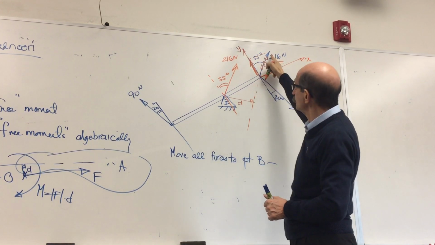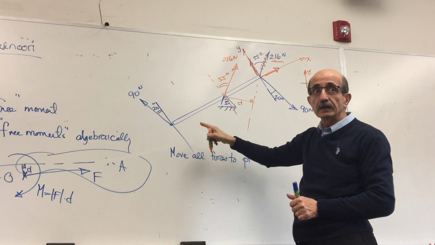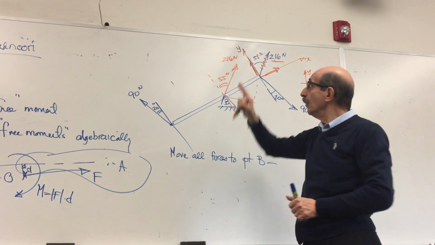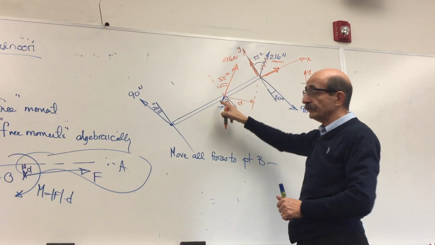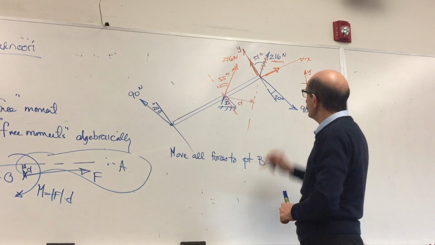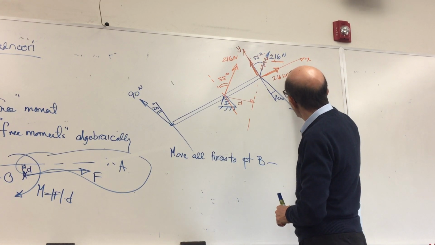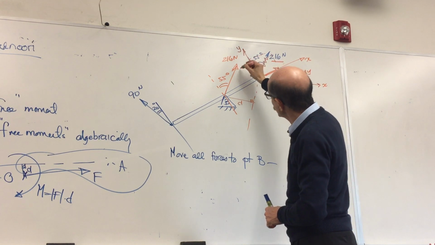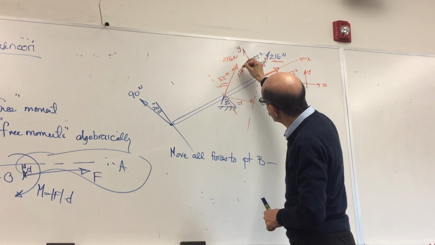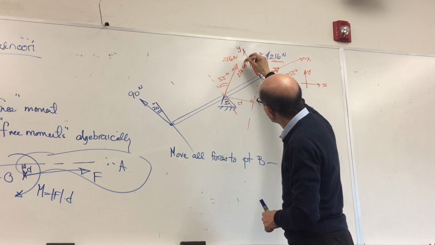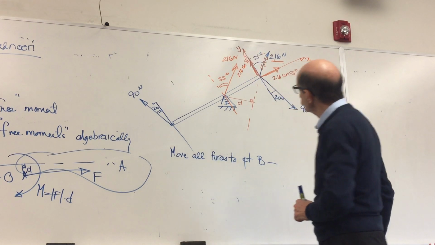So the moment of this force about point B is the sum of the moment of these two components about point B, right? This is 216 sine of 55, and this is 216 cosine of 55 degrees.